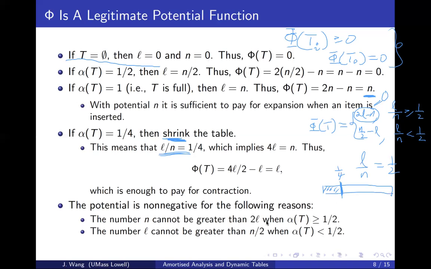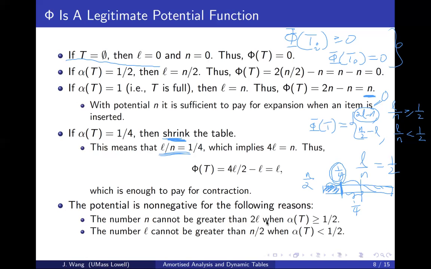Then I cut it into half, so I still have about 1/4 of the original, but the new size is halved. So about half of the new table is taken, and about half is not taken.